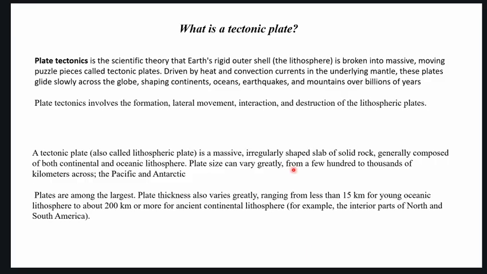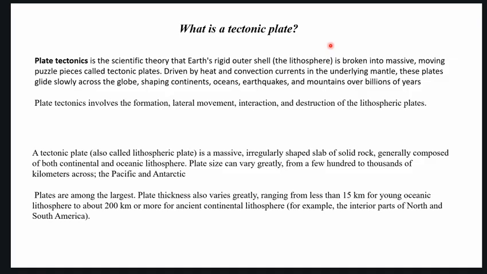So what is plate tectonics? I've already described it a little bit, but I wanted to introduce the concept before we come here. Plate tectonics is a theory that is used to explain why the rigid outer shell of the earth is broken into different plates that are moving on top of the asthenosphere.